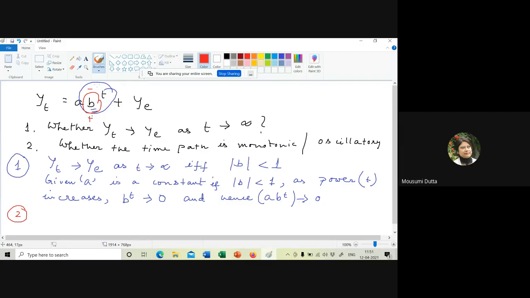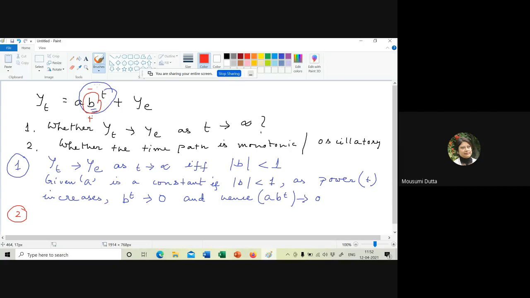However, if b is negative, then for the even and odd powers, the directions of b to the power t will change. For the negative values, it will move in one direction. For the positive value, it will move in the other direction. So there will be directional changes in the b to the power t component if b is negative.